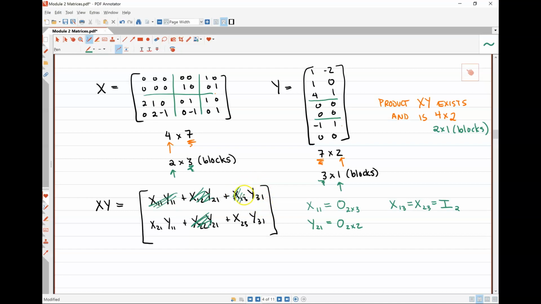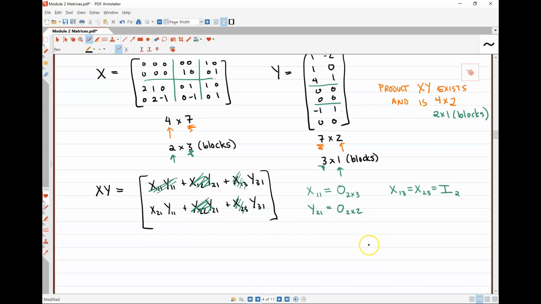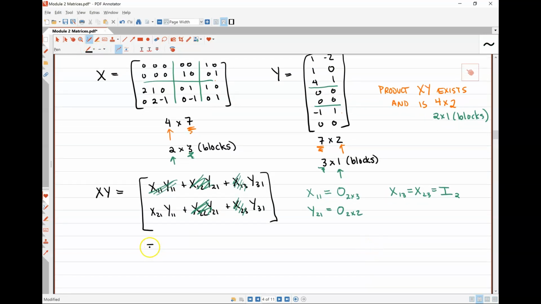So we don't actually need to do any calculation, and the same with x23 because that's also an identity matrix. So really what we have left when we're carrying out this matrix multiplication is just y31 and x21, y11 plus y31. And this is great, right? Because this cuts the number of computations down a lot.